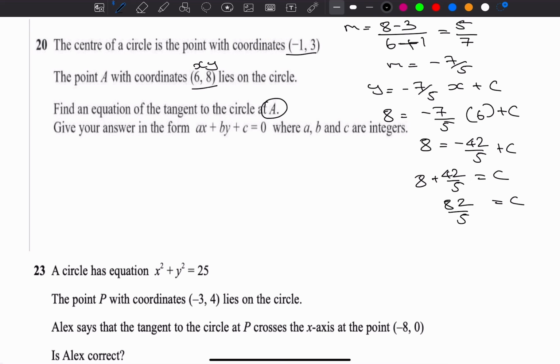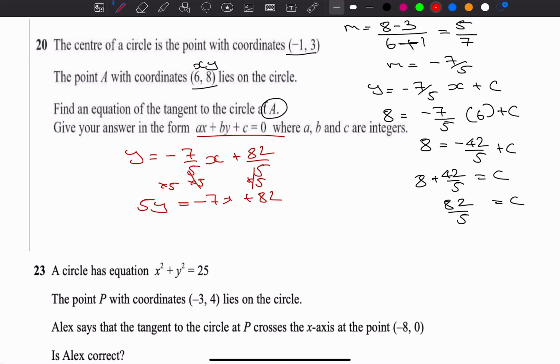So your equation is y equals minus 7 over 5x plus 82 over 5. Times everything by 5: 5y equals minus 7x plus 82. Bring them to one side: 5y plus 7x minus 82 equals 0, because all of these have to be integers.